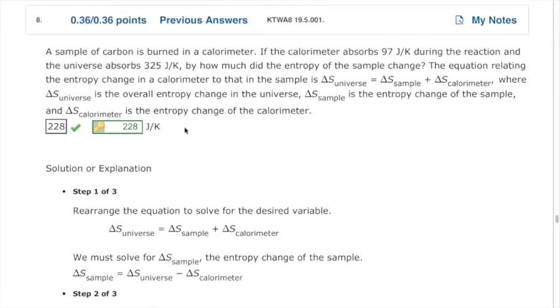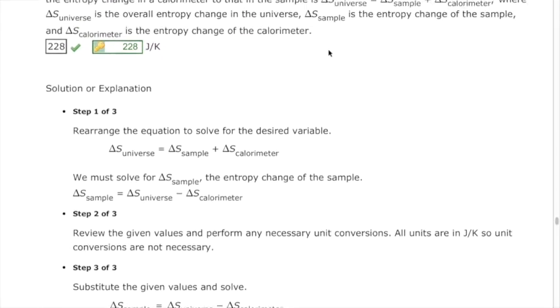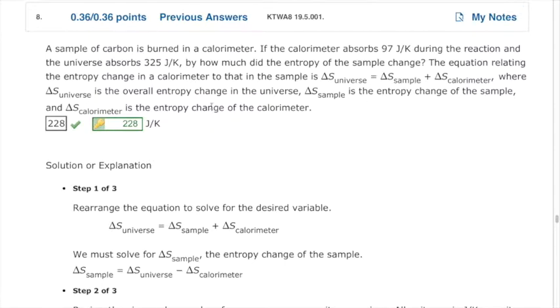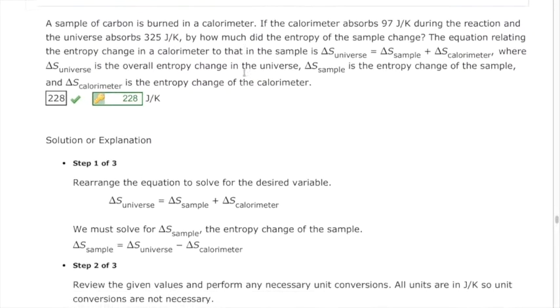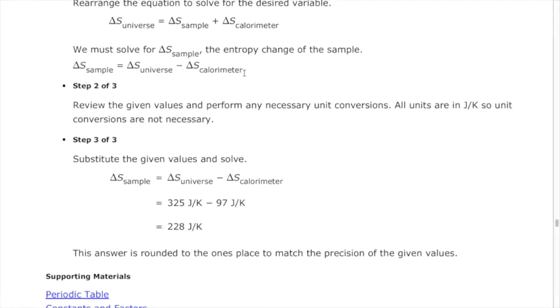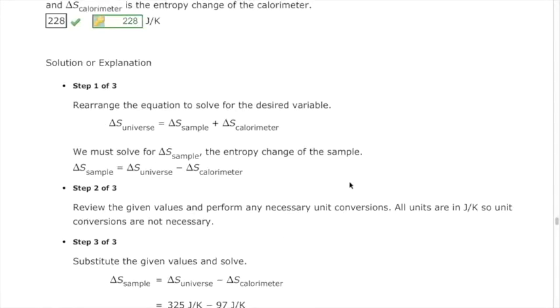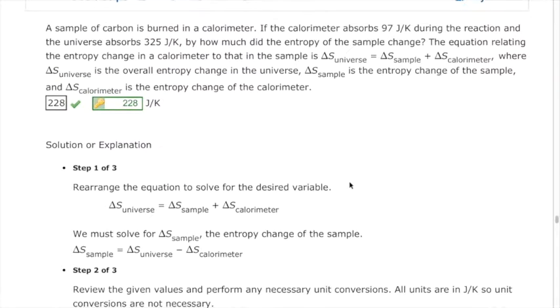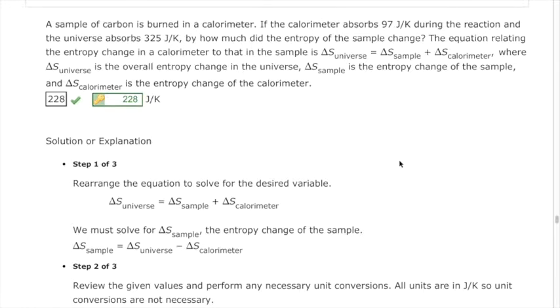So they're giving us the calorimeter delta S change. We've got the values for both of these things. In this case, we just have to assume that the values given are the delta S values, and we're going to plug them in for calorimeter and universe.